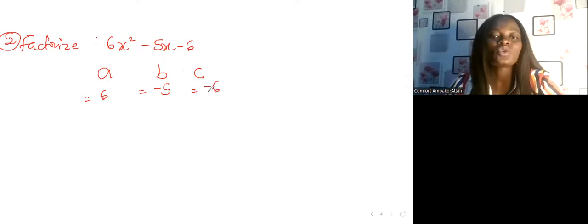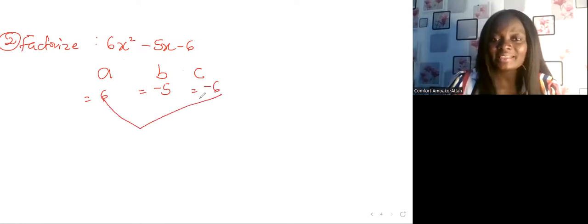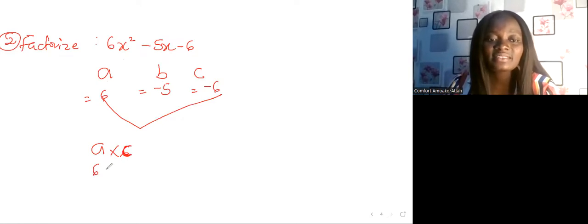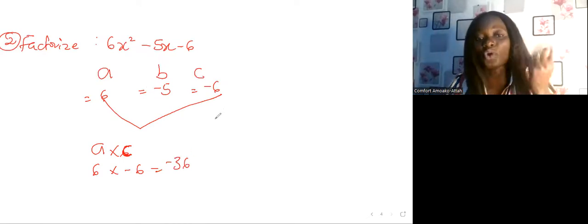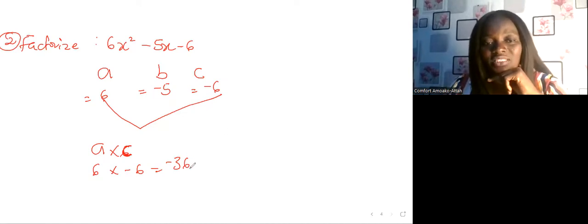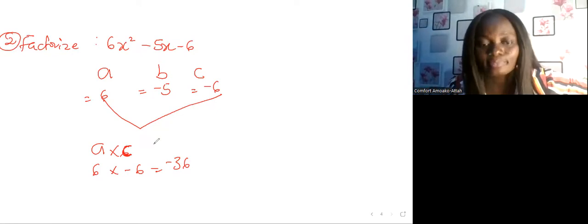-6. Then what do we do? We find the product of a and c. a times c is what? 6 times -6, giving us -36. The moment you get a product, you now look for the factors of the product which, when you add together, give you your b.